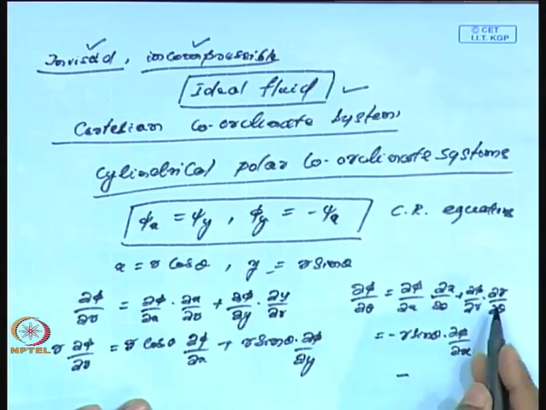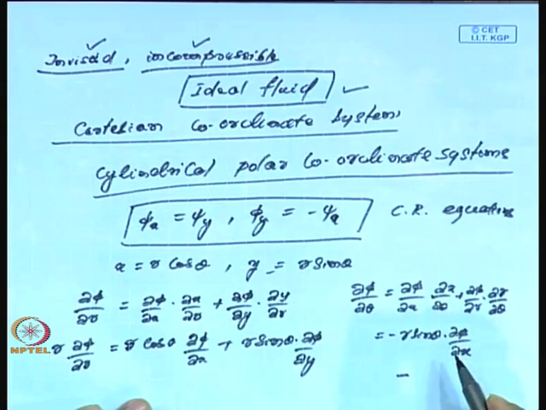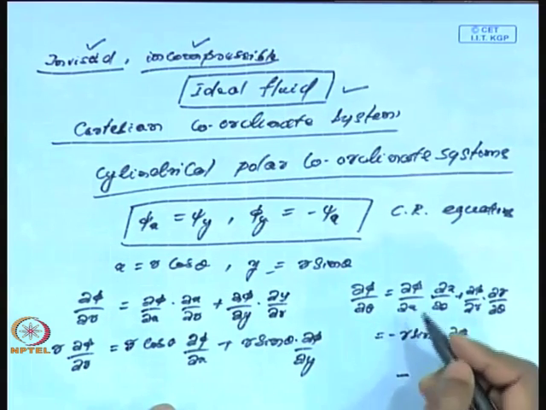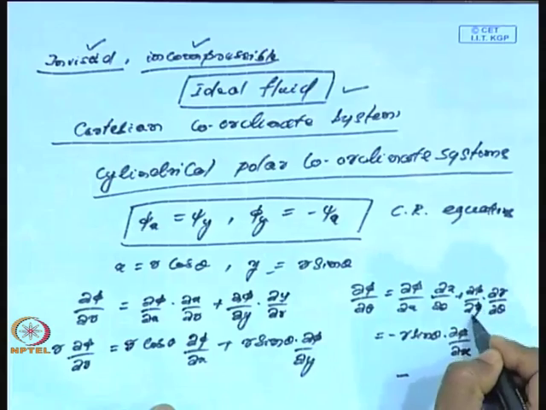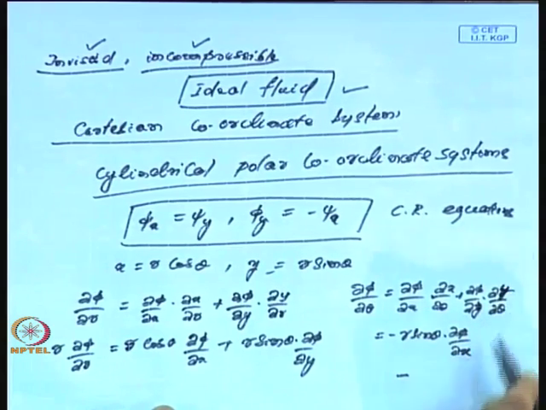Then I have del y by del theta, sorry, this is x, this is y, so del y by del theta is r cos theta.